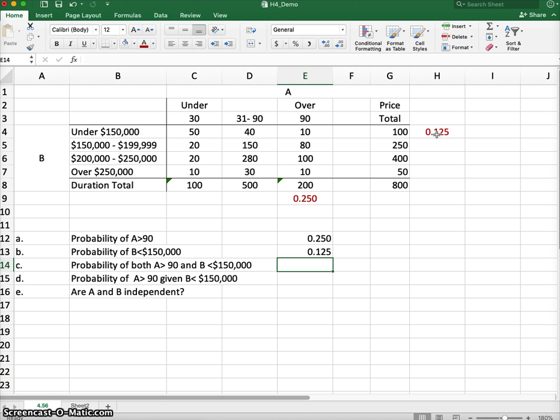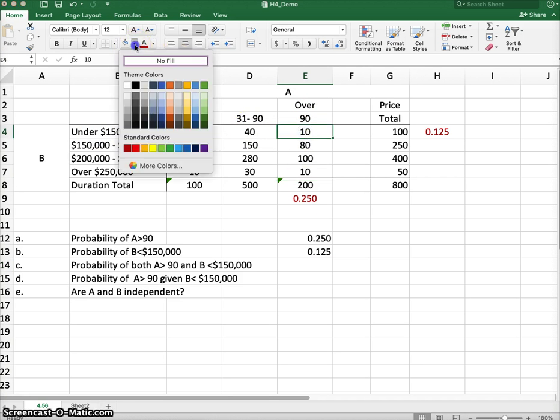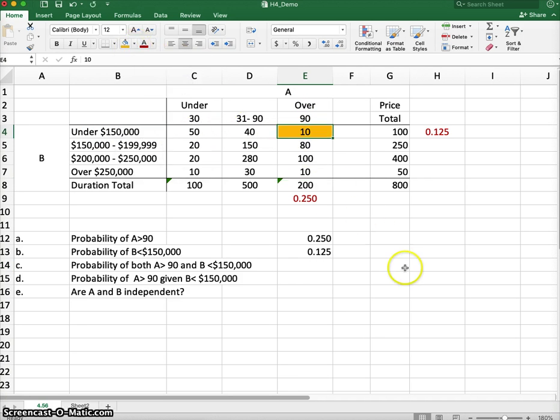All right, now C says, what's the probability of both A is greater than 90 and B is less than $150,000? Well, all I have to do is find out where those two things intersect. So here's the row, 150,000. Here's the column over 90 days, and this number right there, 10 out of 800 were listed for less than $150,000 and took over 90 days to sell.